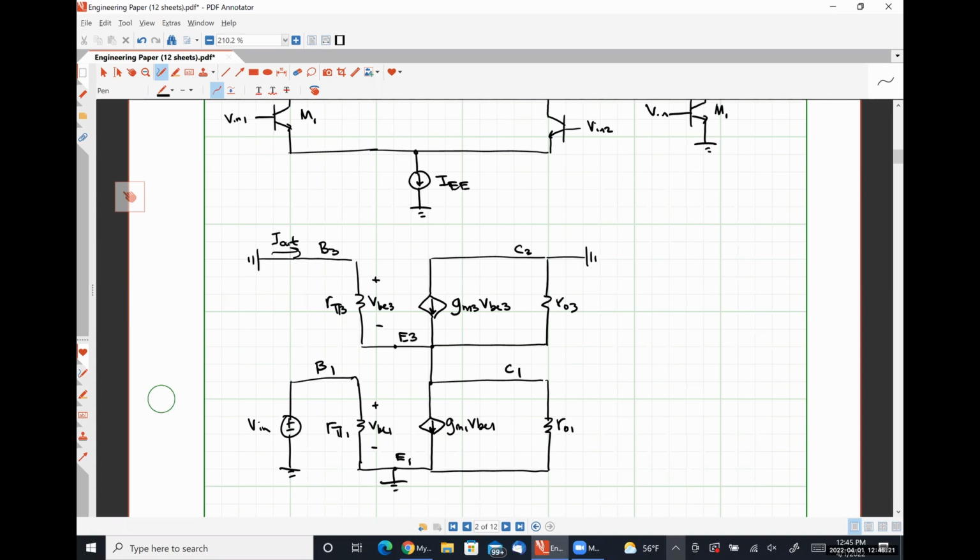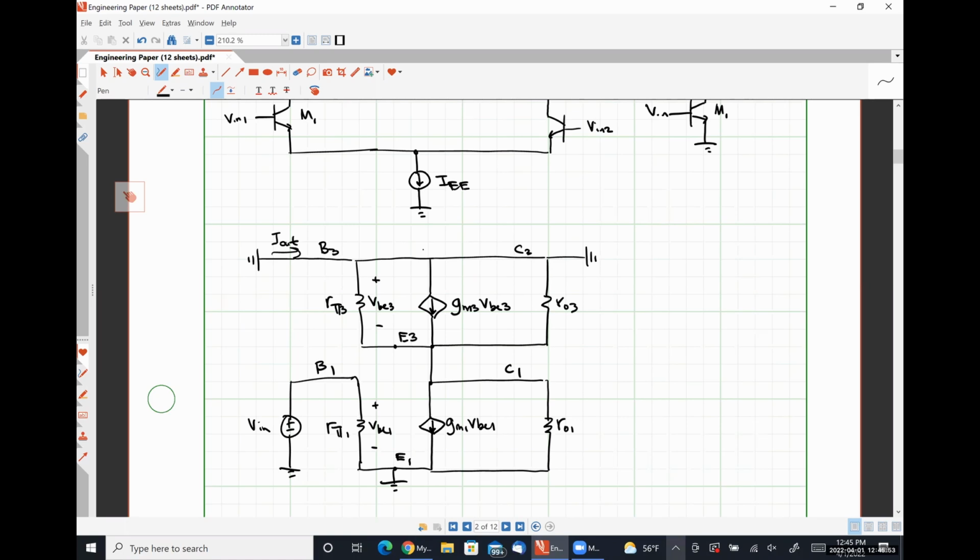All right. So let's look at a couple of things here. Since the base of transistor 3 is at ground and the collector of transistor 3 is at ground, I can short these guys out.